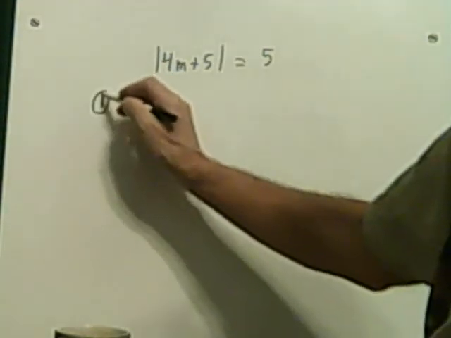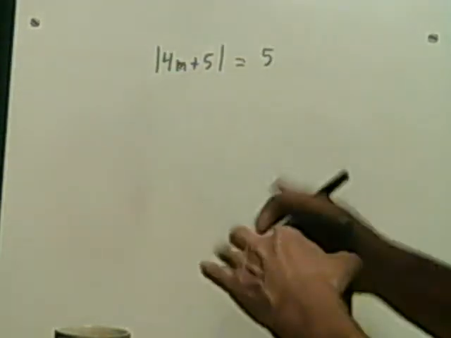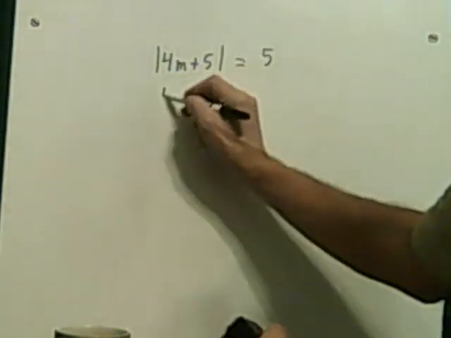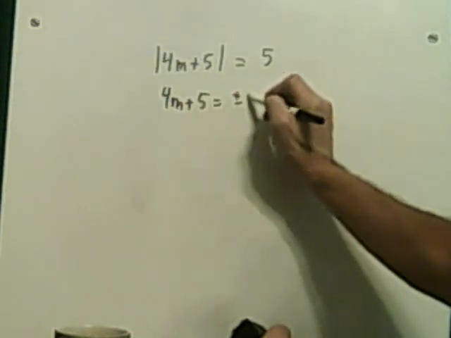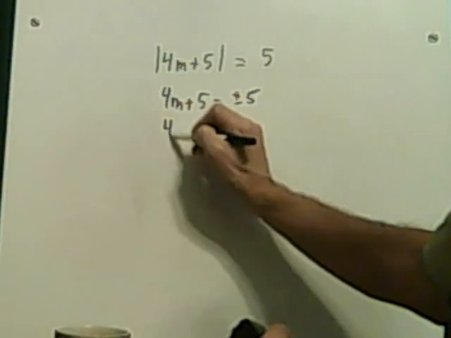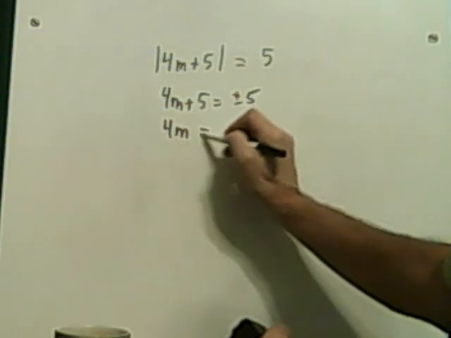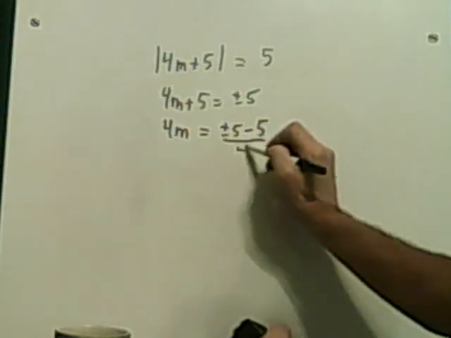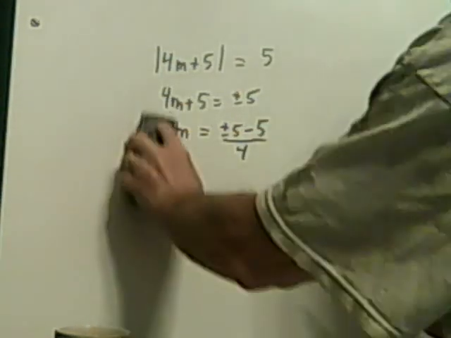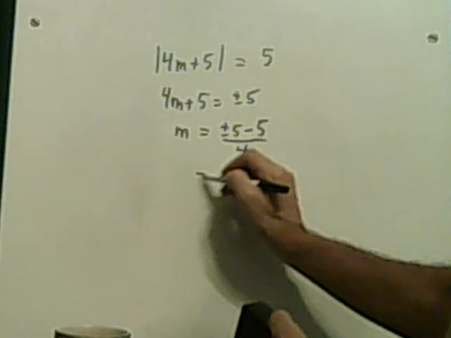Let me do this technique: 4m plus 5 is equal to plus or minus 5, okay? And then I'll use regular rules of algebra. I'll take away the 4. Those are the two possible answers.